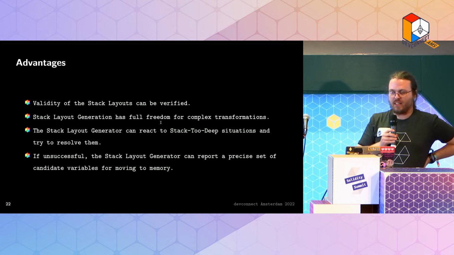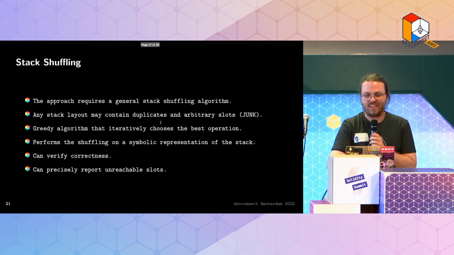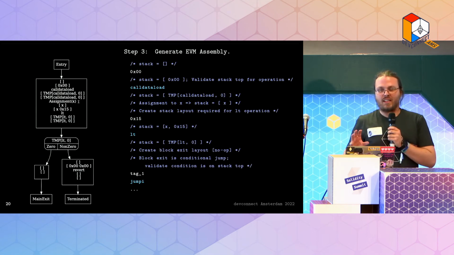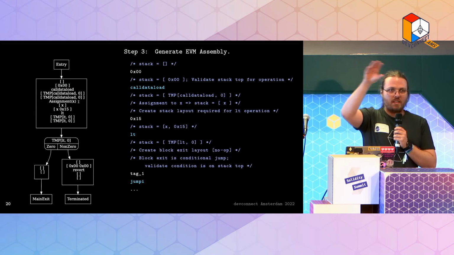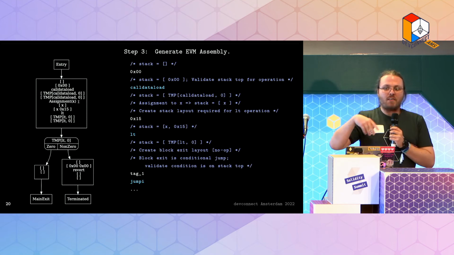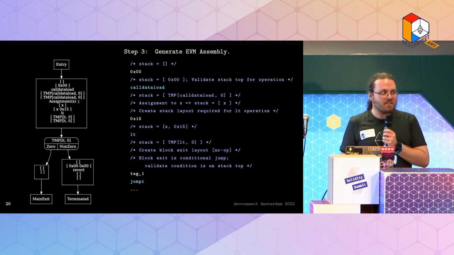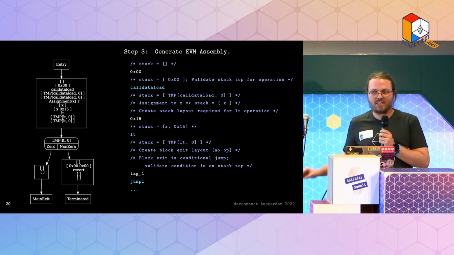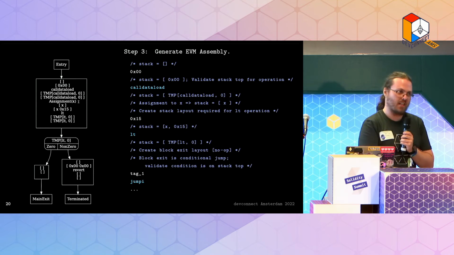I'll get to that in the end for debuggers and tooling. Because the stack shuffling and the stack generation will also add copies of variables if I would otherwise not reach them again in the end due to stack too deep errors, stuff like that. So what this entire mechanism brings me is the freedom to do complex transformations on these stack layouts that will allow us to generate code even if I have a lot of variables.